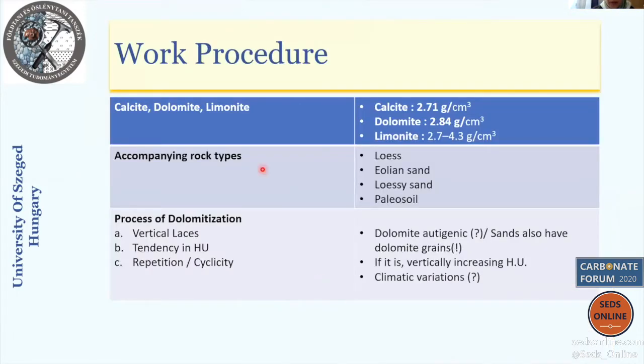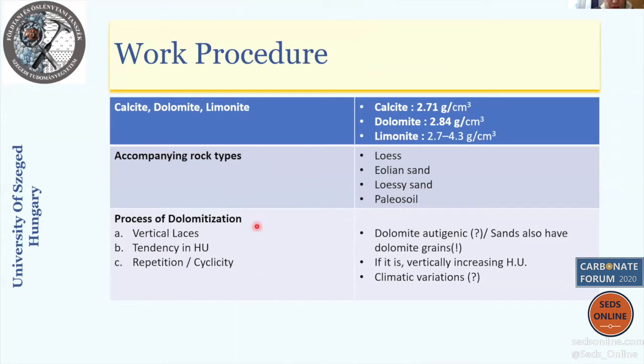The work procedure: we define the main content, calcite, dolomite, and limonite. While we use CT scan, we need to know the density of these components, and combine rock types: loess, eolian sand, lacustrine sand, and paleosol.